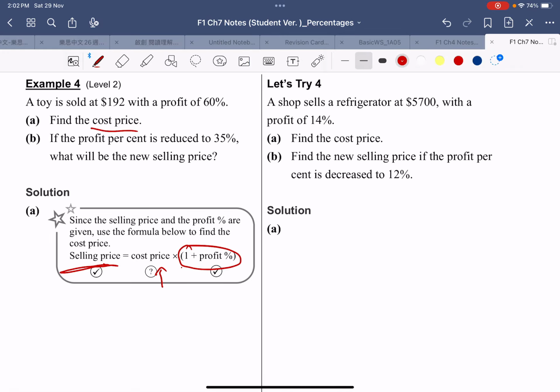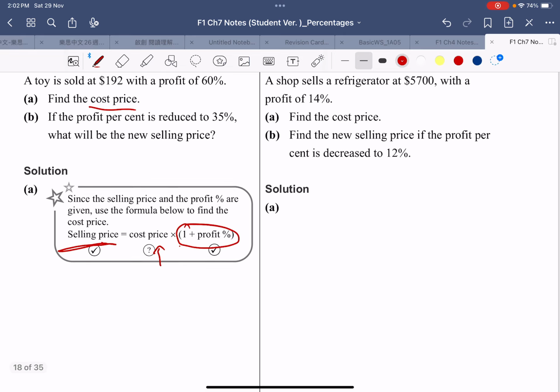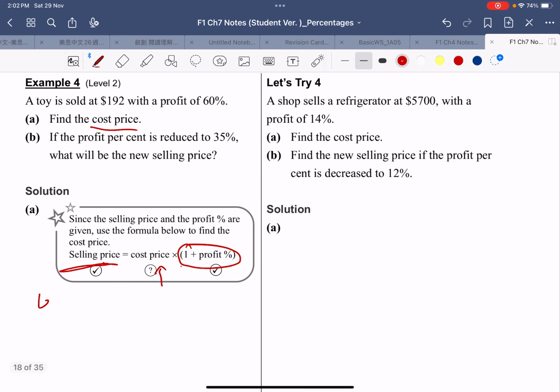But for the time being, I want to teach you equation. So you let X dollar be the cost price of the toy, and then the cost times 1 plus profit percent, 1 plus 60%, according to this, equals 192.